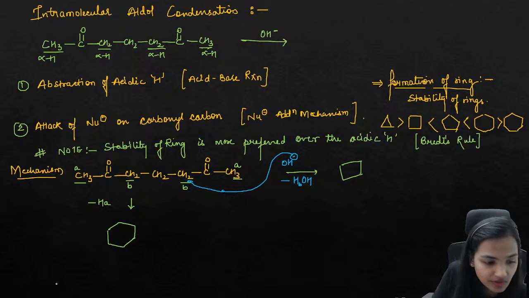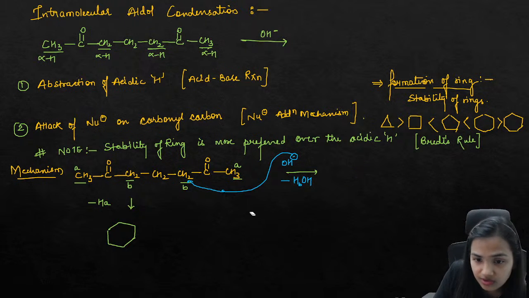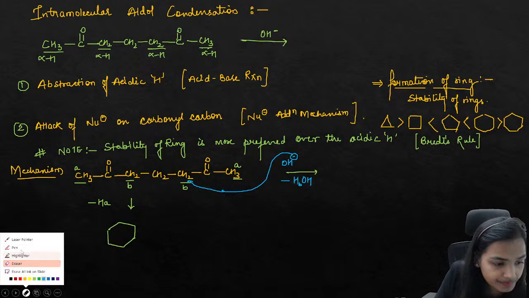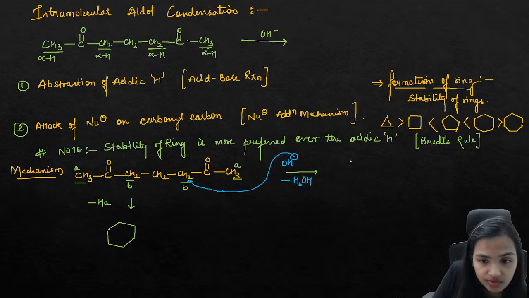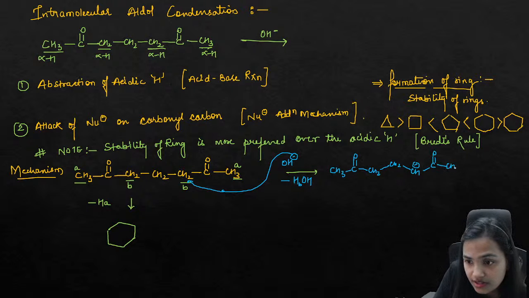If the water forms, then you will be getting this as a nucleophile. Let me do the whole mechanism and then I will show you. You will be getting this as a nucleophile, that is CH3, C double bond O, CH2, this is CH negative, and then this is C double bond O, CH3.